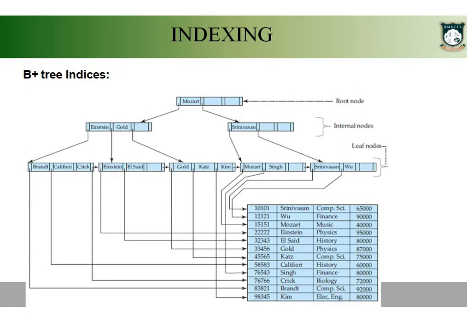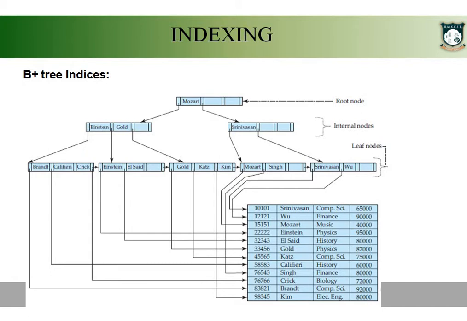Next we are going to discuss another type of indexing, that is B plus tree indexing. Before getting into B plus tree indexing, let us have a recap of the B plus tree data structure. Probably everyone might have learned about this data structure earlier. B plus tree is referred to as a multi-way search tree.